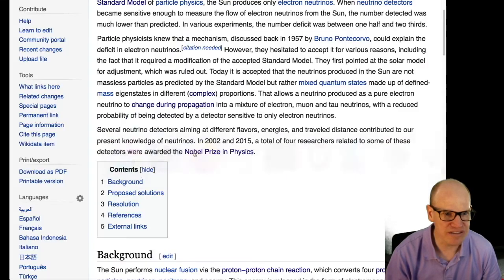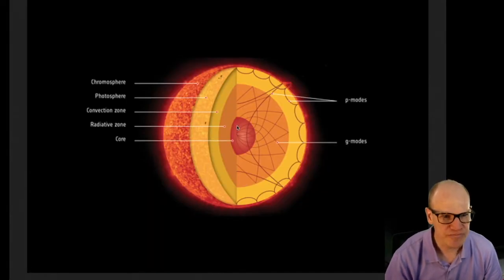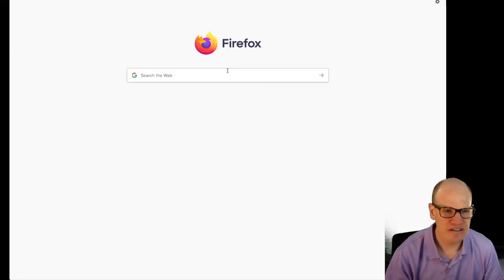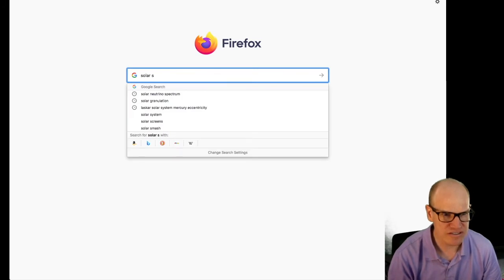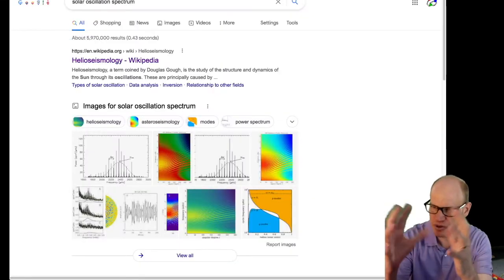So if we take a look at the interior of the sun, let's pull up something else, like this solar interior here, you can see that there are different sound waves, and we can measure the oscillations of the sun. So if we look at the solar oscillation spectrum, the sun is constantly pulsating.